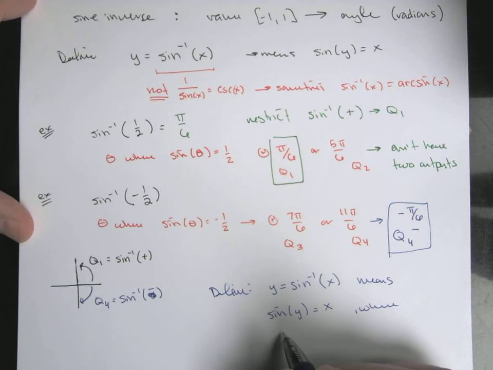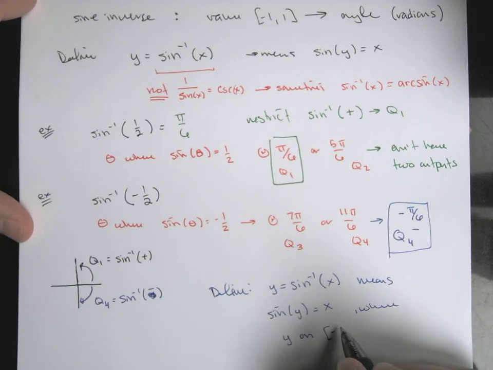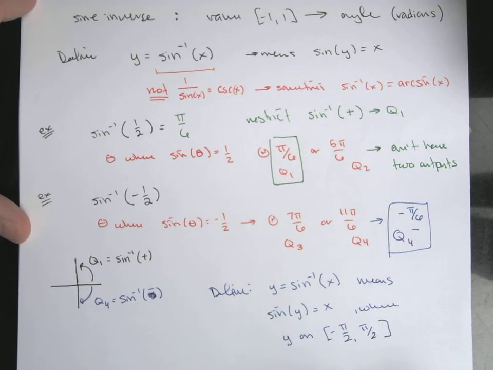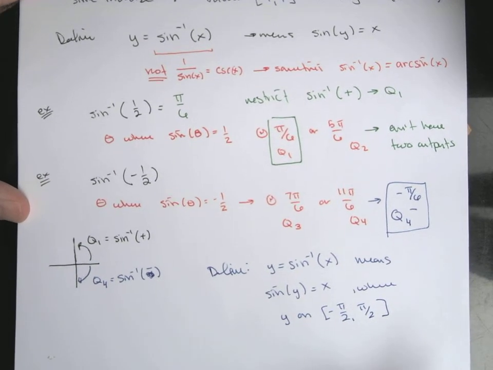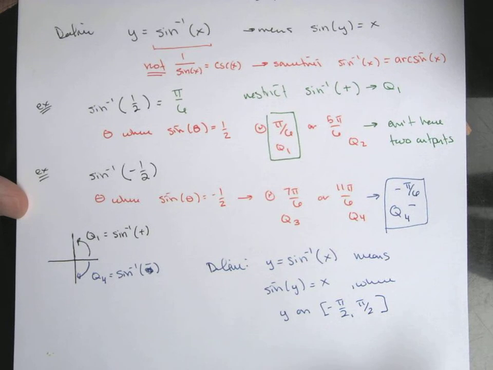And our outputs, so y, are somewhere between negative pi over 2 and positive pi over 2. So what we're doing is restricting the range on the inverse function. Said another way, we're restricting the domain on the original function. So this is the inverse of a restricted version of the sine function.